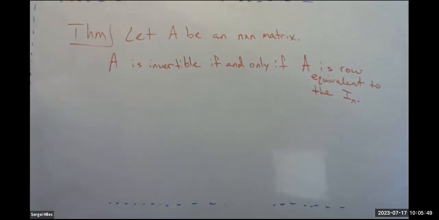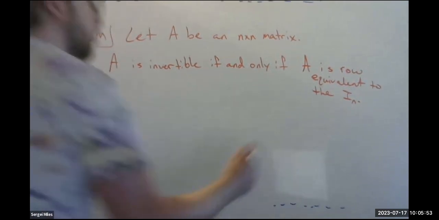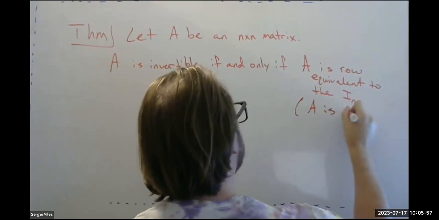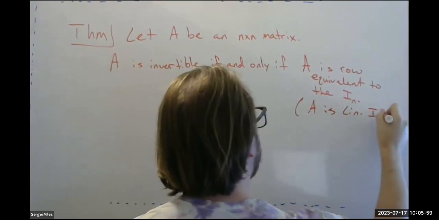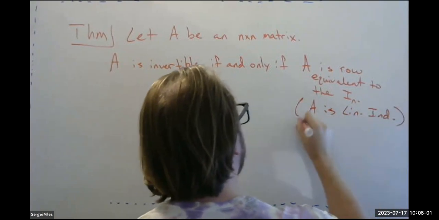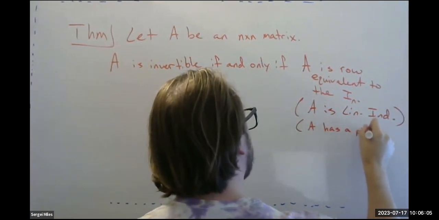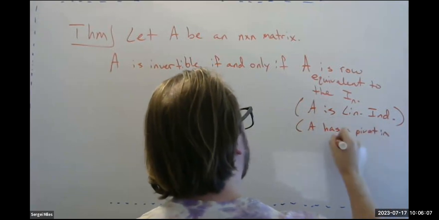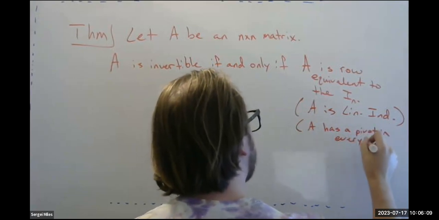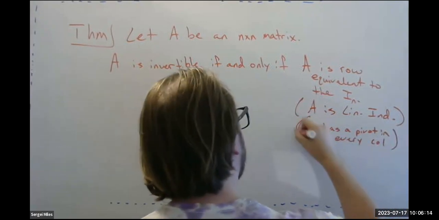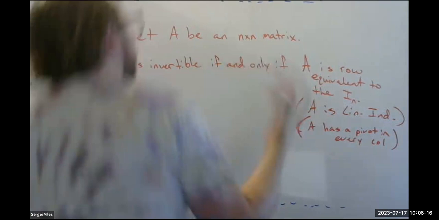In other words, if you're row equivalent to the identity matrix, you have a pivot in every column. Or in other words, this is the same thing as saying A is linearly independent, which is the same thing as saying A has a pivot in every column. If A does not have a pivot in every column, it is not invertible, right? So that's just another way you can tell if something is invertible or not.